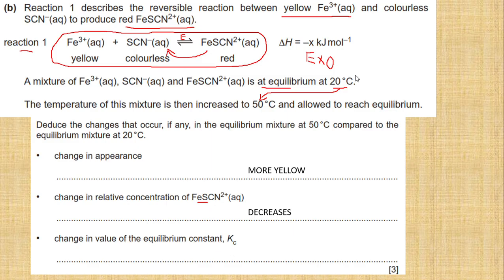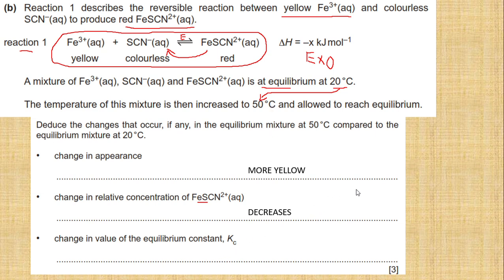But please remember, if physical conditions like pressure, concentration or catalyst are altered but there is no change in the temperature, there will be no change in the numerical value of Kc.